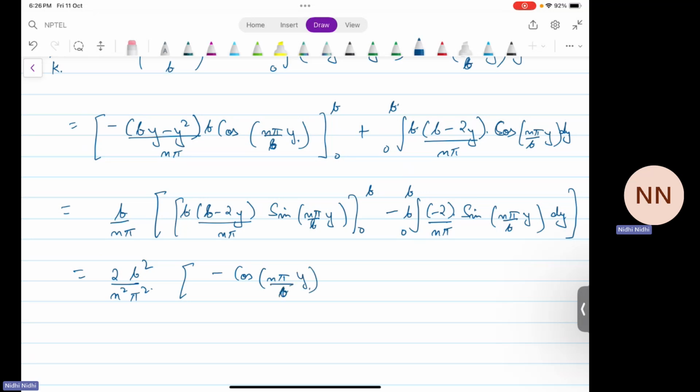So this is, or we can write it as just b cube by n cube pi cube, limits 0 to b.